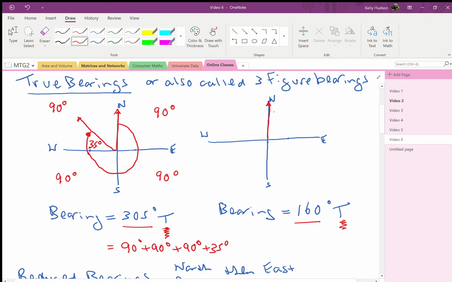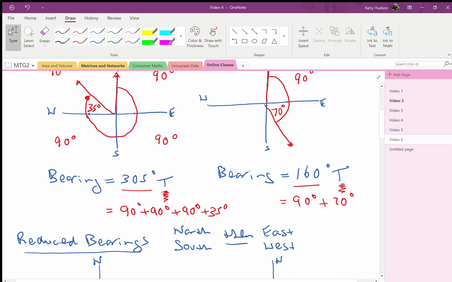I go first through 90 degrees, and then on for another 70 degrees. So my angle here is my bearing, and this will be 70 degrees in there. To get my bearing, I've got my 90 degrees, which is my north to east, plus another 70 degrees, which makes up my 160 degrees to give me my true bearing.